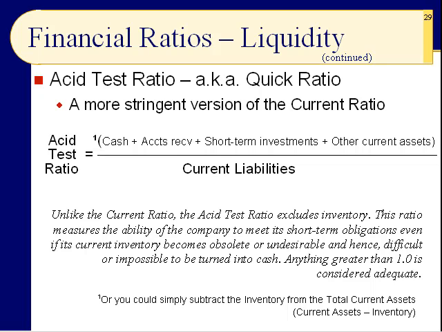Well, why? Think about it. This ratio measures the ability of the company to meet its short-term obligations, even if its current inventory becomes obsolete or undesirable, and hence difficult or impossible to be turned into cash.